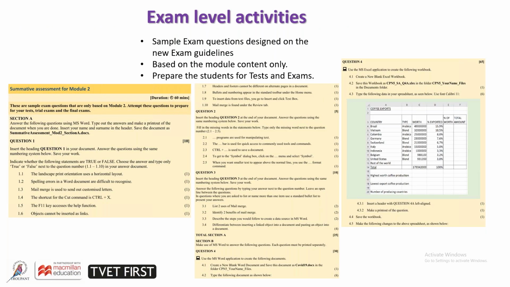So also examinable activities are very important. Once they've reached a certain stage and they finish a module, a section, so they finish Word, give them activities that are at exam level and let them attempt it, right? You can discuss it with them via WhatsApp or via a WhatsApp group.